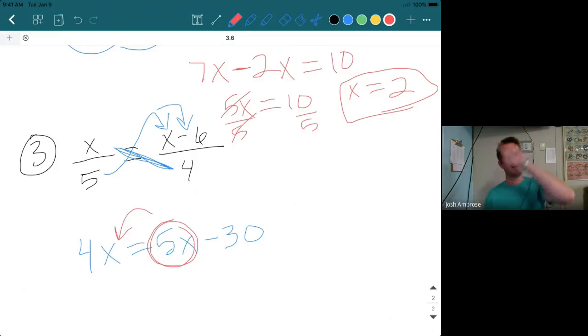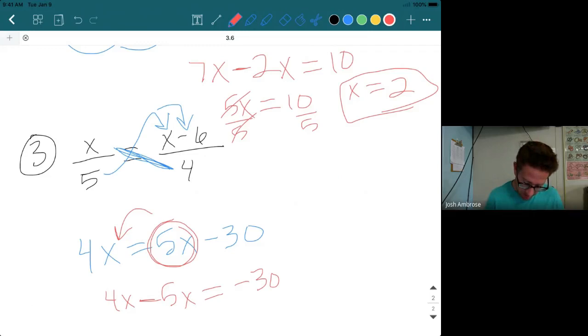So I'm going to move that 5x over. So we're looking at 4x now minus 5x equals a negative 30. 4x minus 5x, that's going to give us 1, but it's a negative 1 because the 5 is bigger. So let's treat this like negative x equals negative 30.